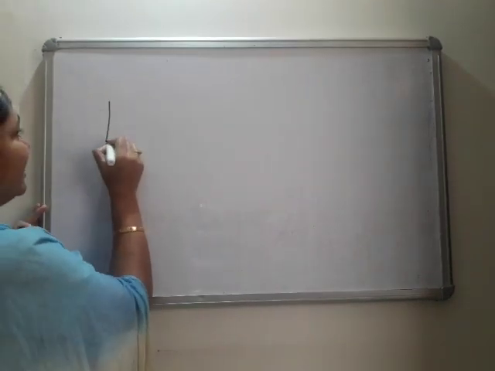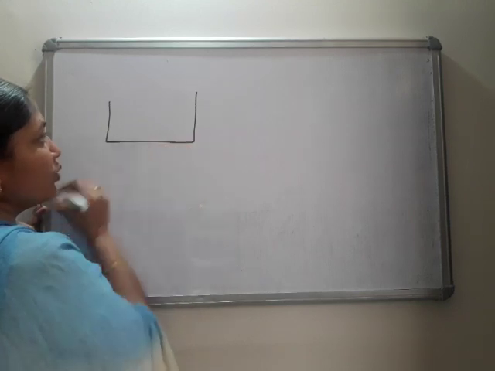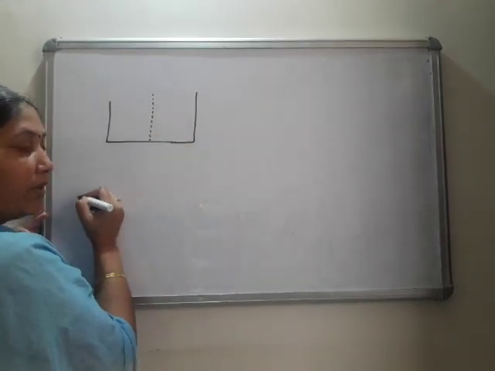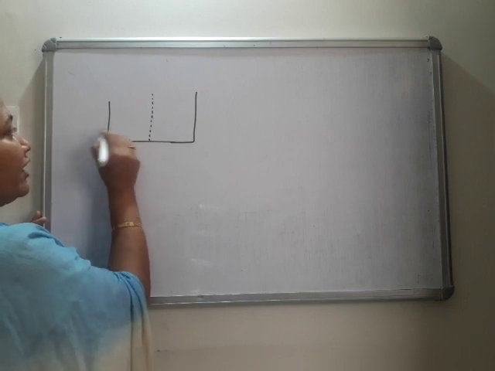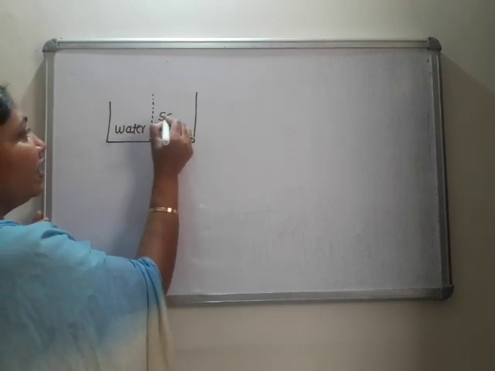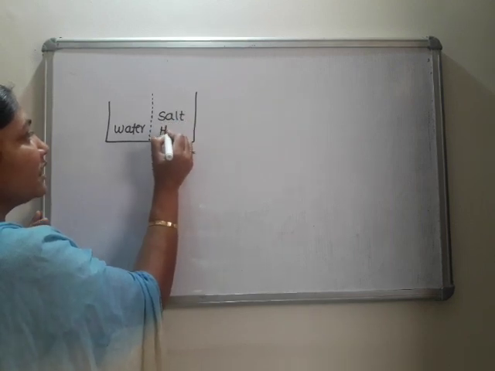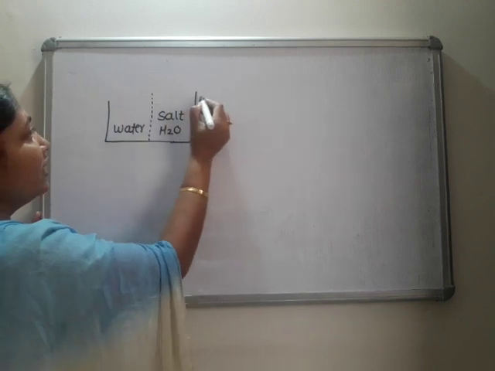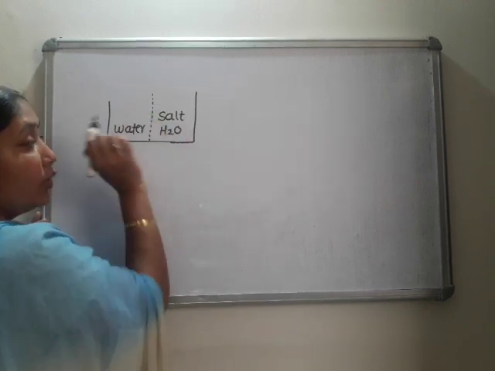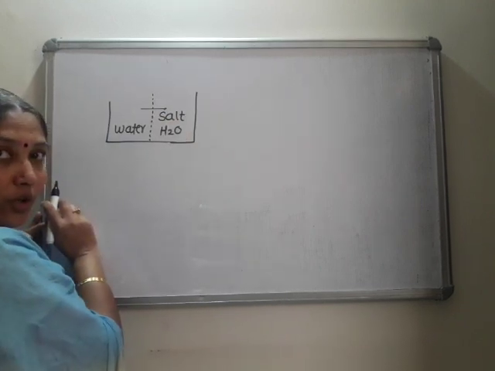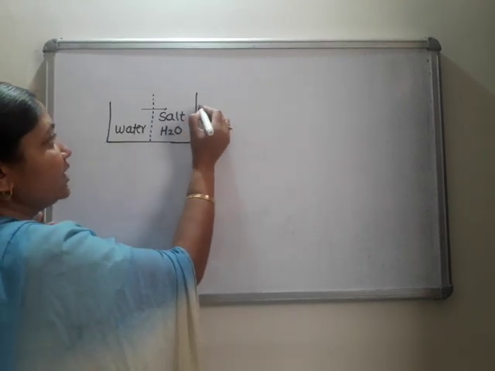Again, like last time, we will consider two compartments separated by a semi-permeable membrane. One contains fresh water, only water is there, and here salt water is taken. Now what is expected? Due to osmosis, water enters into the salt water side.